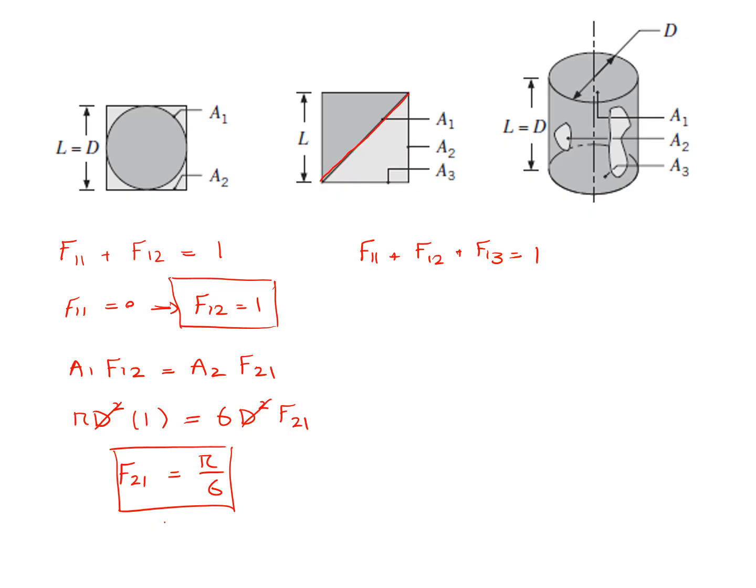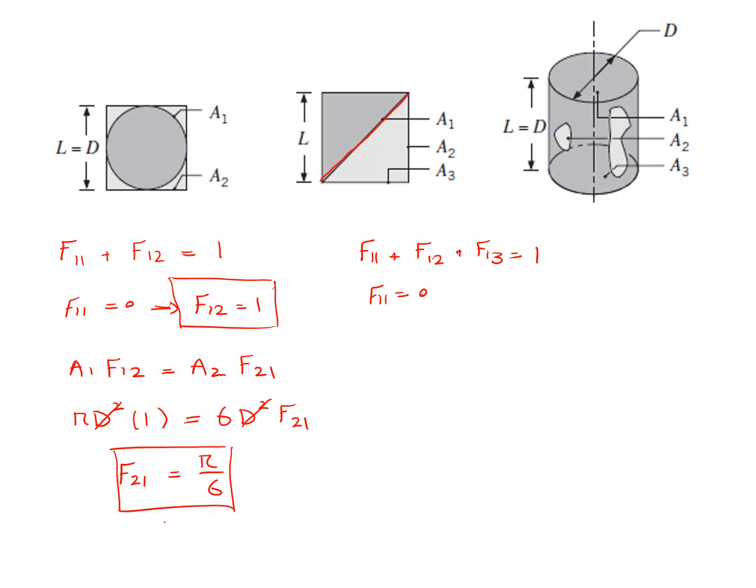So now, again, I look at my area 1. It's a flat plate or flat surface, so f11 should be equal to 0 for this case. And then now I'm left with f12 and f13, which add up to 1.